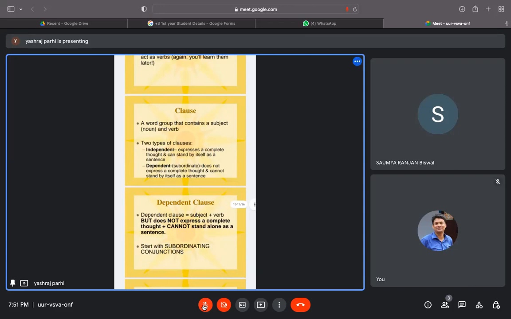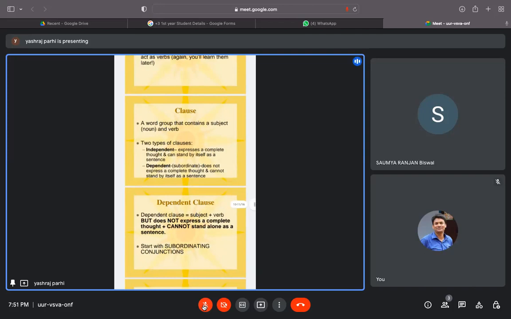Dependent means subordinate. It cannot express a complete thought like the independent clause, and it needs help from other types of clauses to stand as a sentence.